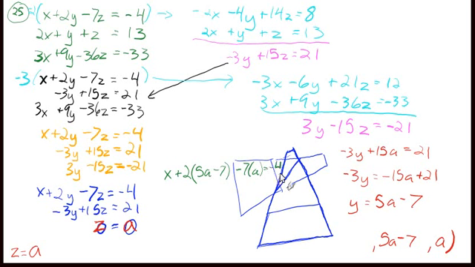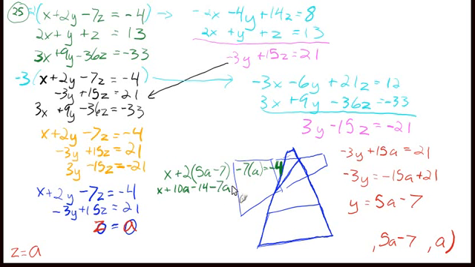Try and make that really visible. So this will be x plus, distribute the 2, 10a minus 14, minus 7a equals negative 4.